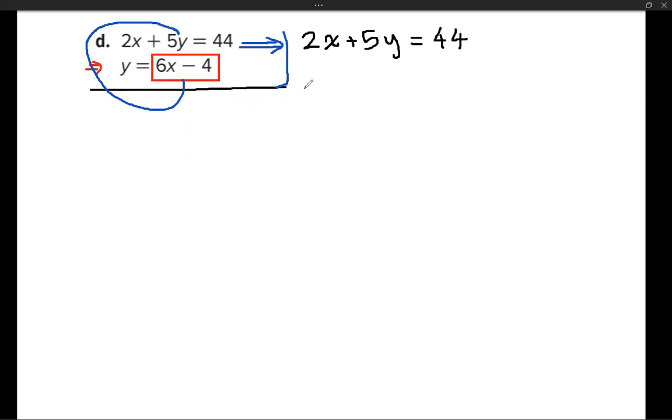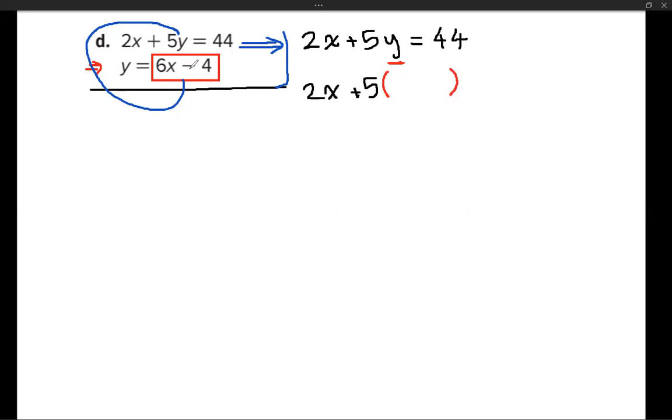Now rewrite the equation again and substitute. This is the substitution method, so we need to substitute something. What variable do we know here? We know y. So we rewrite the equation, but this time instead of writing y, we write two parentheses, and between them we put the value for y.